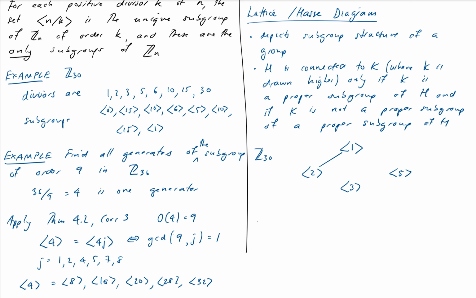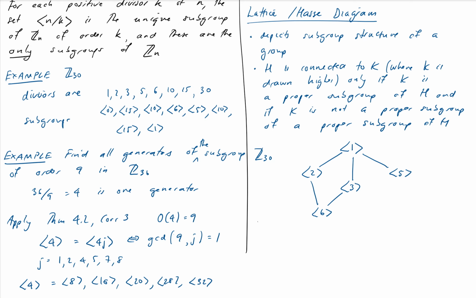Okay, so these are all subgroups of the cyclic subgroup generated by 1, so I'm going to draw lines to those. Now, why did I not draw 6 directly connected to 1? That is because the cyclic subgroup generated by 6 is contained within the cyclic subgroup generated by 2 and by 3, and these are both proper subgroups.